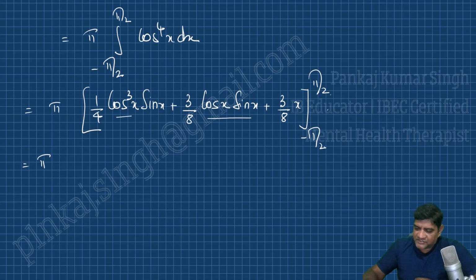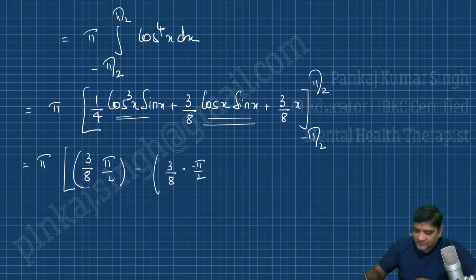It is also going to vanish because cos pi by 2 is 0, and what I'll remain with is only this much, so that's going to be 3 by 8 multiplied with pi by 2, and this is subtracted with, again, when I substitute minus pi by 2, this term is going to vanish, this is also going to vanish because it's going to be 0. This is what's going to remain, so that's 3 by 8 into minus pi by 2.